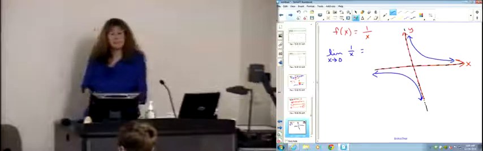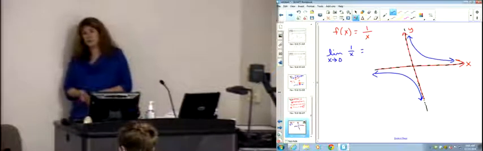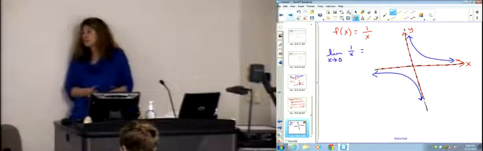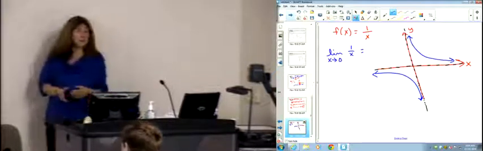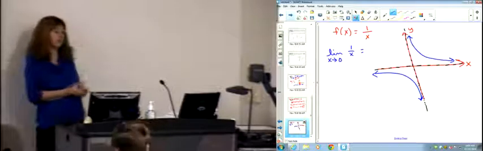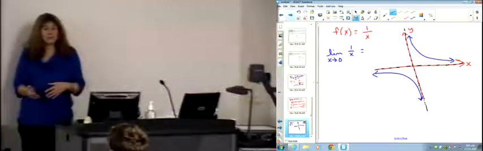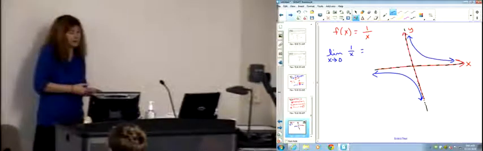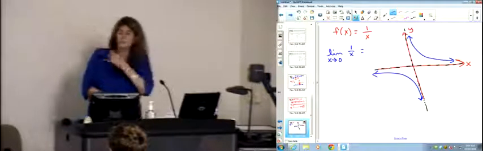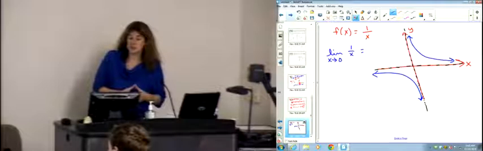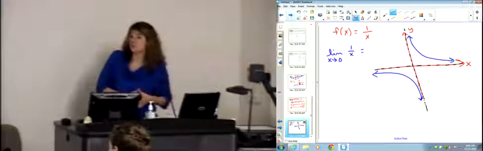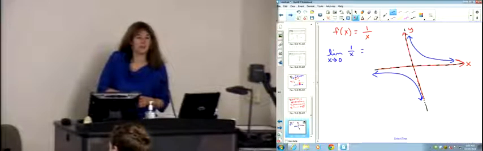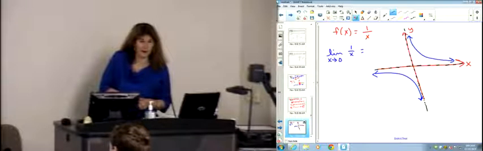Reason being, this function will never be equal to 0. It can't equal 0 because in order for a fraction to equal 0, you must be able to get 0 up in the numerator. This numerator is strictly 1. There's no variable up there that we can plug in for and make it equal 0. So this graph, it's getting closer and closer to the x-axis as well as closer and closer to the y-axis, but it's not going to cross over either one, okay?